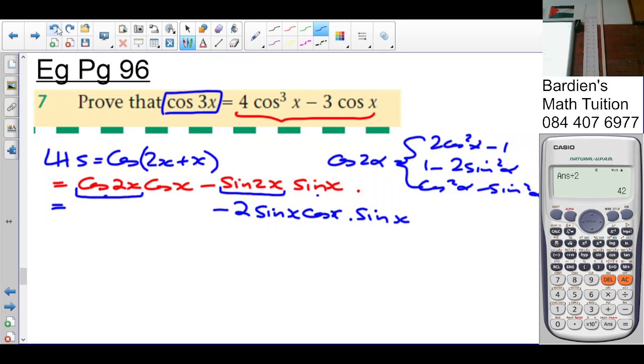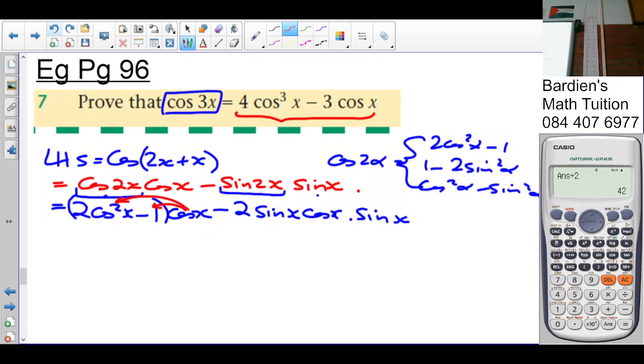So let's replace that quickly. It's going to become 2 cos squared x minus 1 times cos x. Now what can be done? Get rid of the brackets.